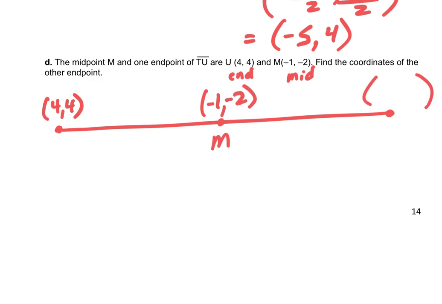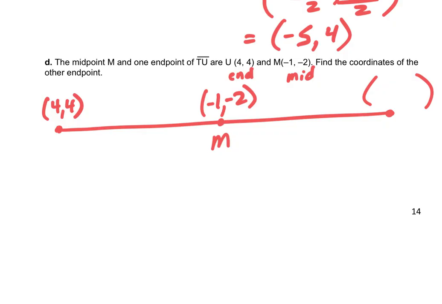We've got to figure out how far we have to move to get to this point over here. Where is the other end point going to be? Okay, so we've got to do both x's and y's, and we've got to do them separately. So what you'll have to do here is think number sense wise. Let's start with x's first.